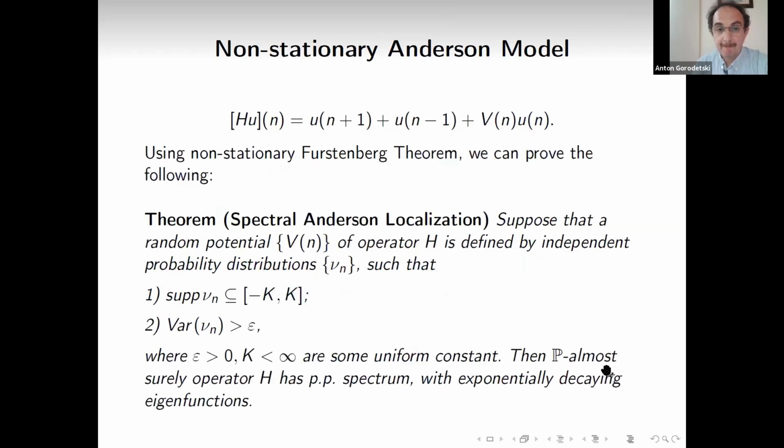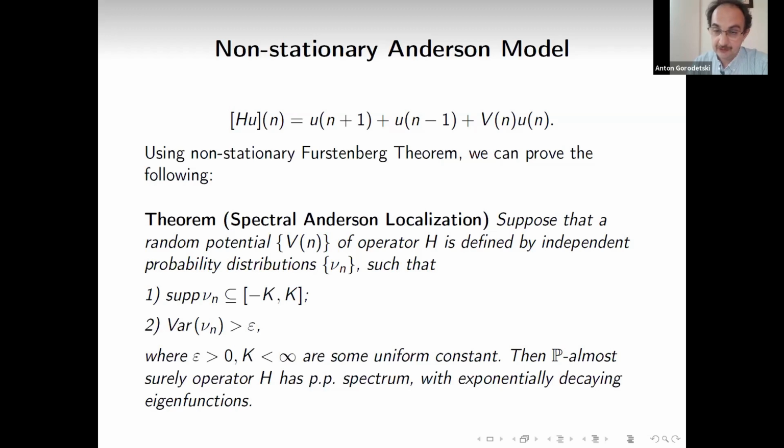almost surely. So what we can prove using this non-stationary version of the Furstenberg theorem is the following non-stationary spectral Anderson localization theorem. Suppose that the potential at each site is given with respect to its own distribution.